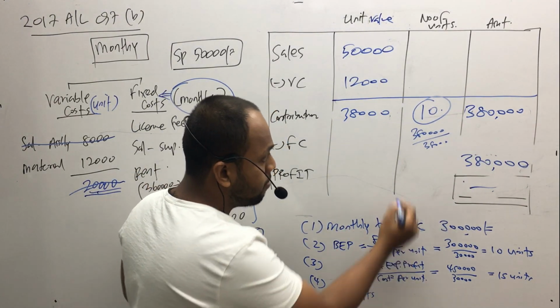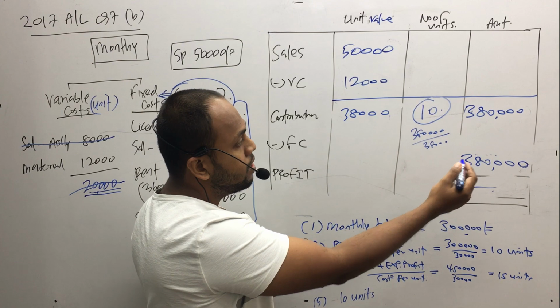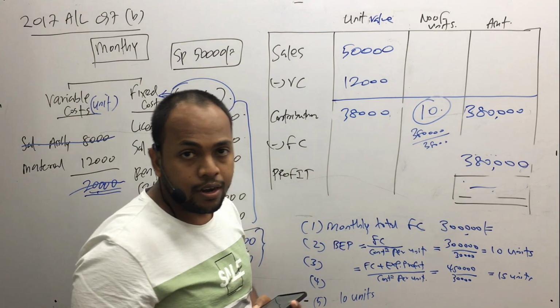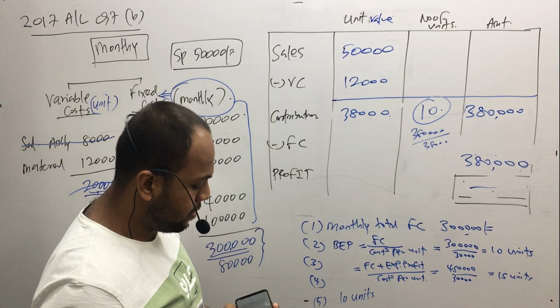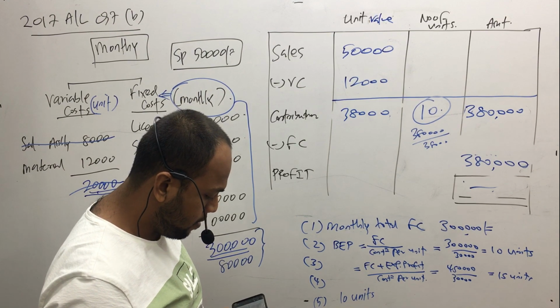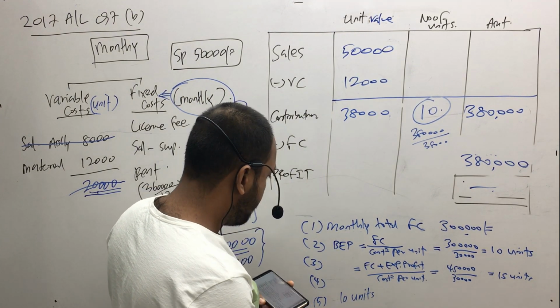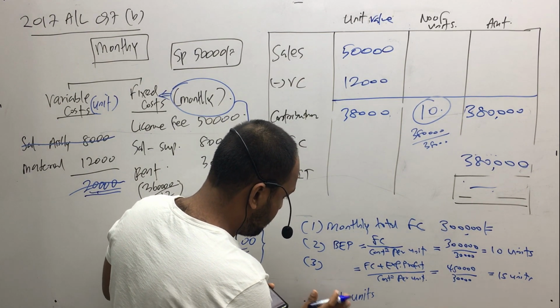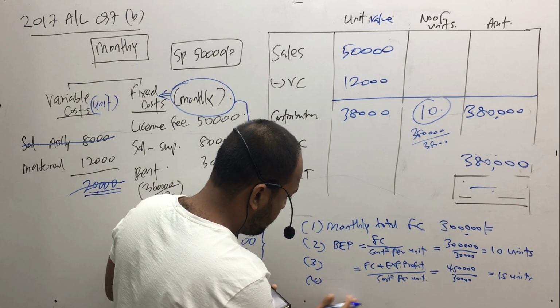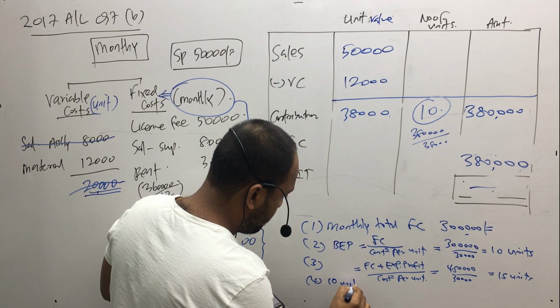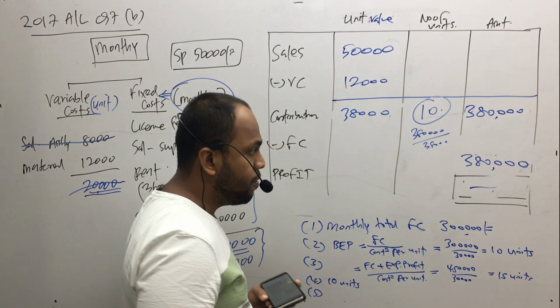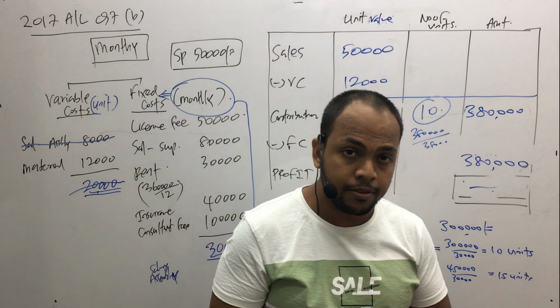So we calculated 380,000 fixed cost divided by unit contribution 38,000. Then the last one, number 5. So this is number 4. Number 5. Now what happens?